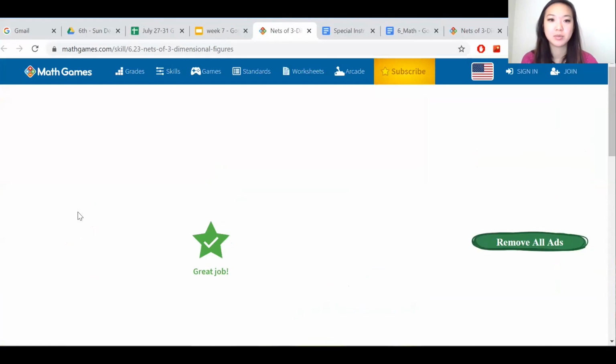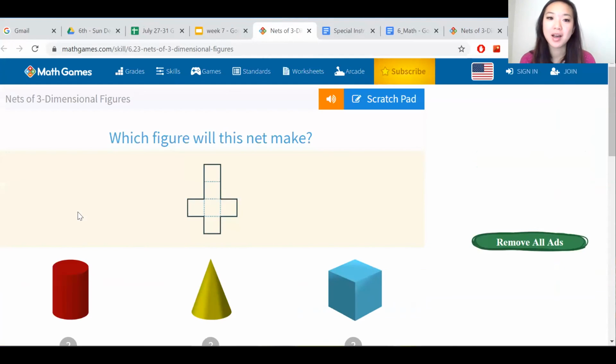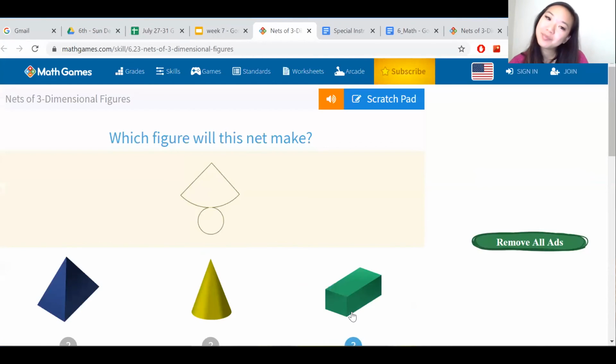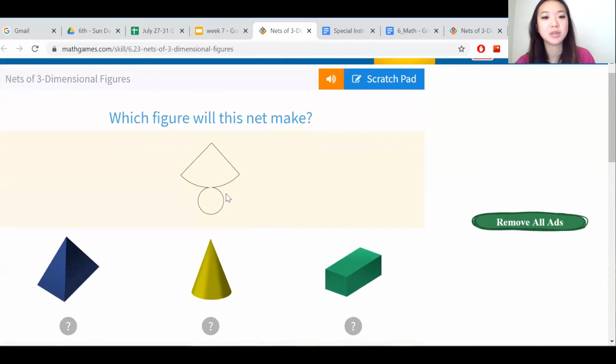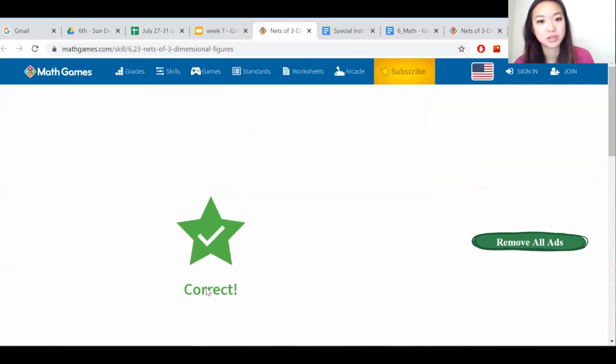So I know it's this one, so great job. We should all know what this one turns into since we definitely did it together. This one is a cube, so yeah. And then this one looks a little bit funny, but if you look, this one is round, and I don't see any other round ones here, so that one should turn into a cone.